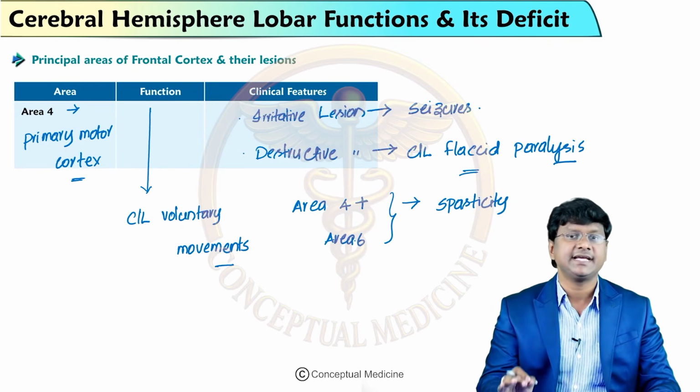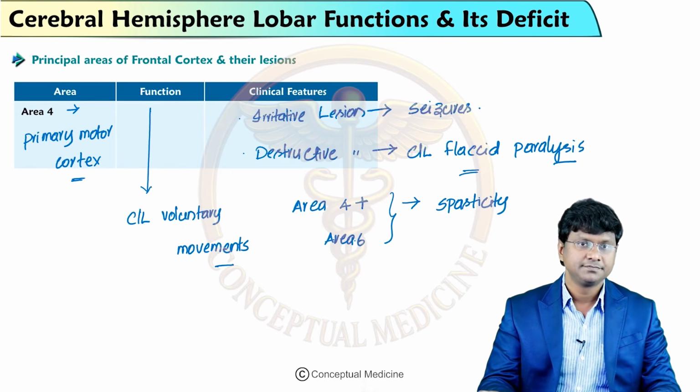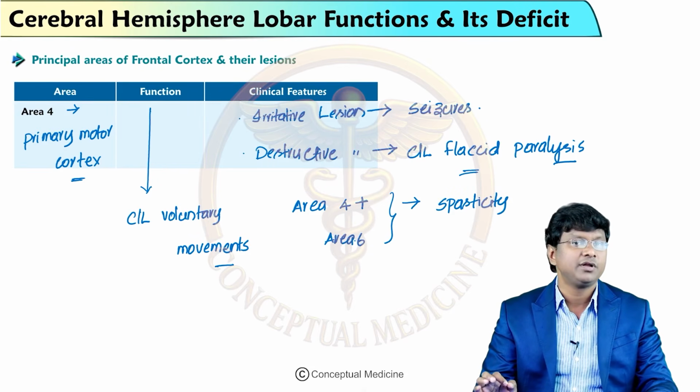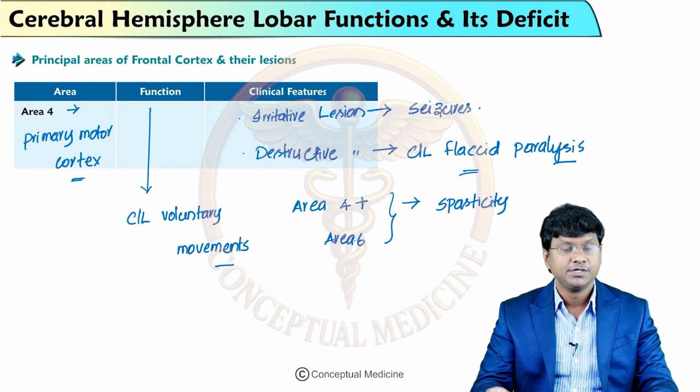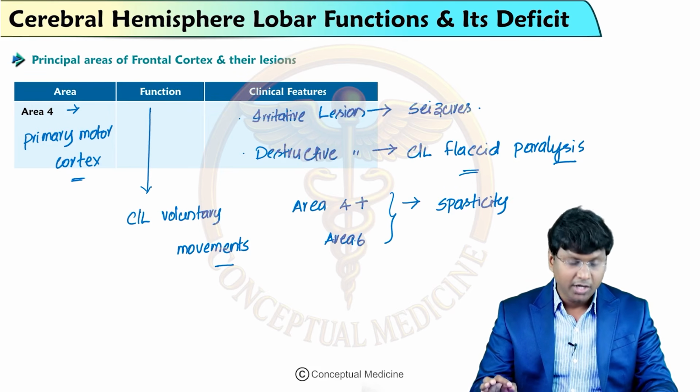Right? Spasticity occurs if area number 6 is also involved. So that is about the features of the involvement of area number 4. So area 4 or primary motor cortex is responsible for contralateral voluntary movement.